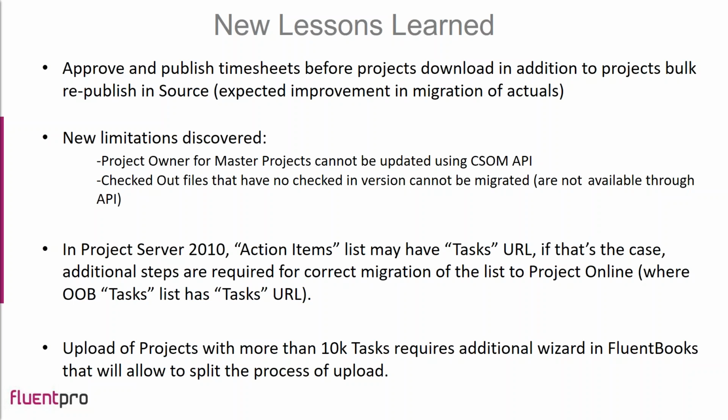And in Project Online, there is an out-of-the-box tasks list that is connected to the project, and tasks from the project schedule are synchronized as items into this list. So during the migration from Project Server 2010 to Project Online, there can be a conflict between these lists.